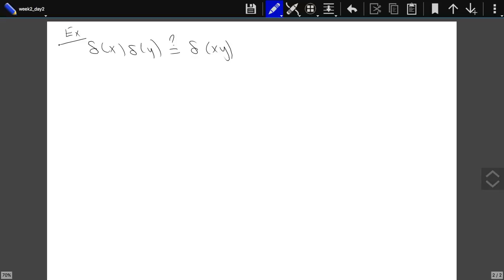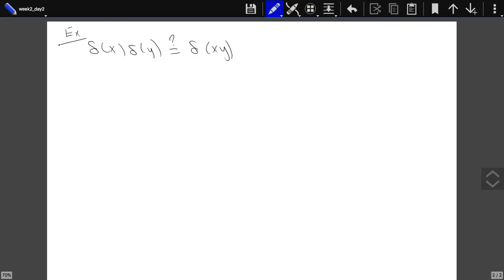If x is non-zero and y is non-zero, both are non-zero, the left-hand side is 0. The right-hand side? x and y are both non-zero, so their product is non-zero. So both sides are 0.